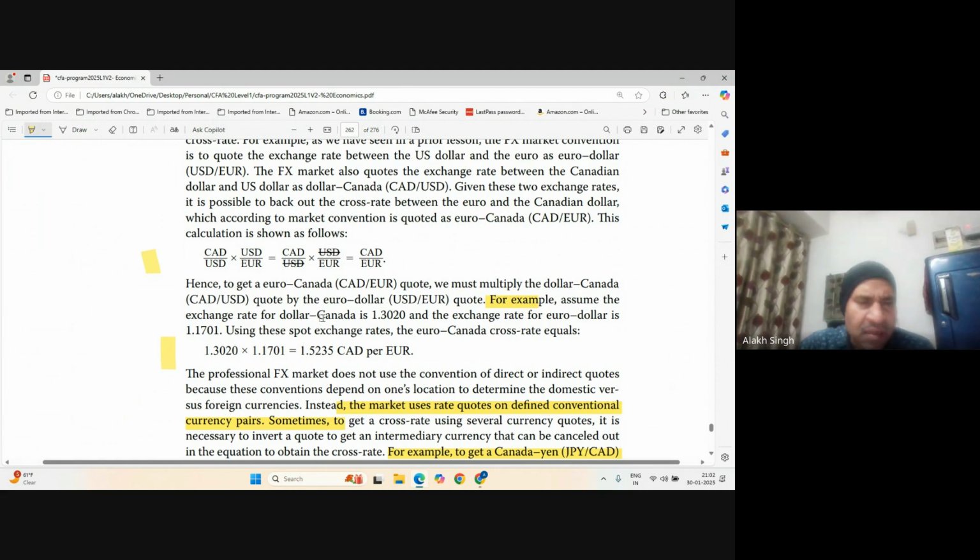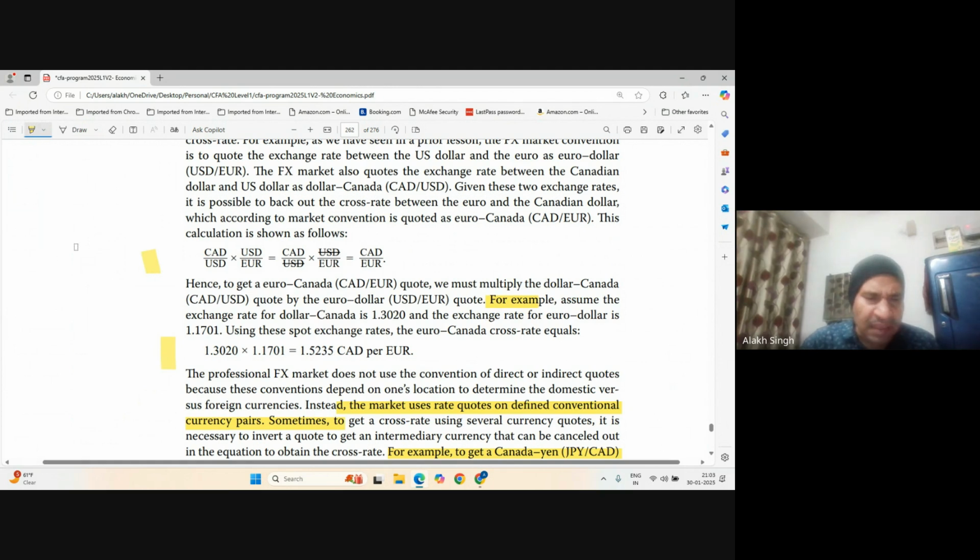In dollar Canada, the base currency is the dollar, because the one which comes first is the base currency. So Canada by dollar is 1.30, and times here euro. Euro came first, so euro will be the base currency and dollar will be the price currency. So dollar cancels and that gives us the exchange rate.